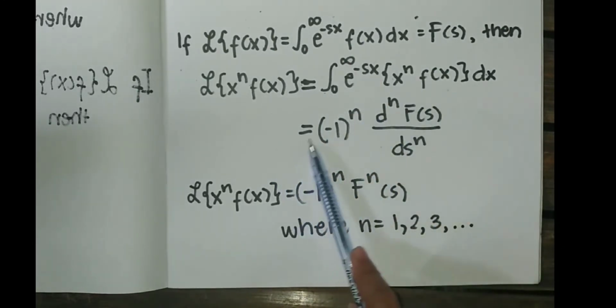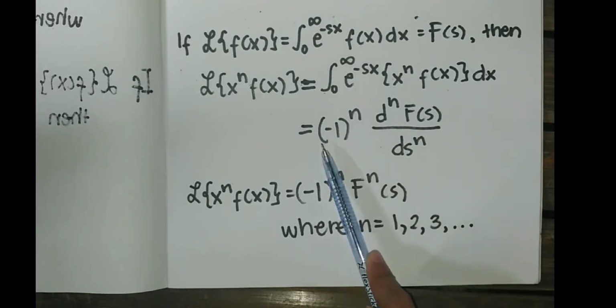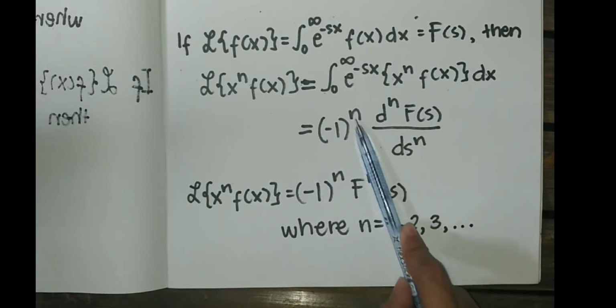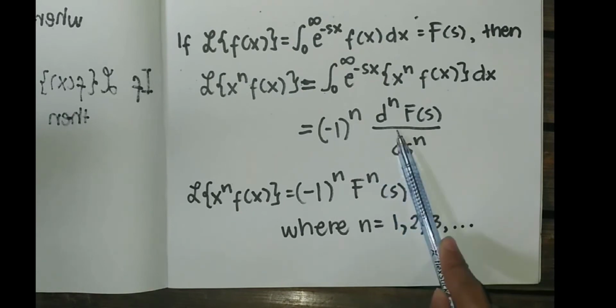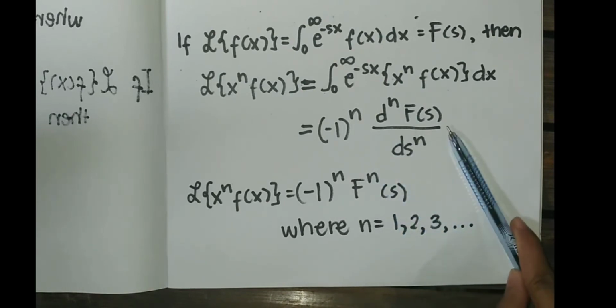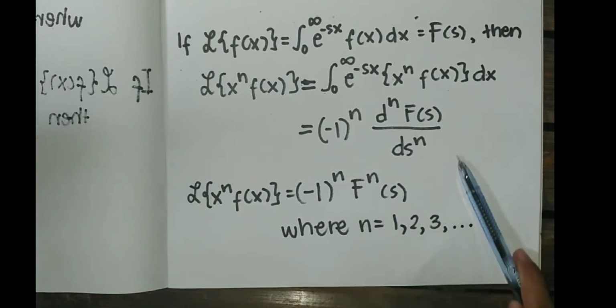And this is just negative 1 quantity raised to n multiplied by the nth derivative of F of s with respect to s.